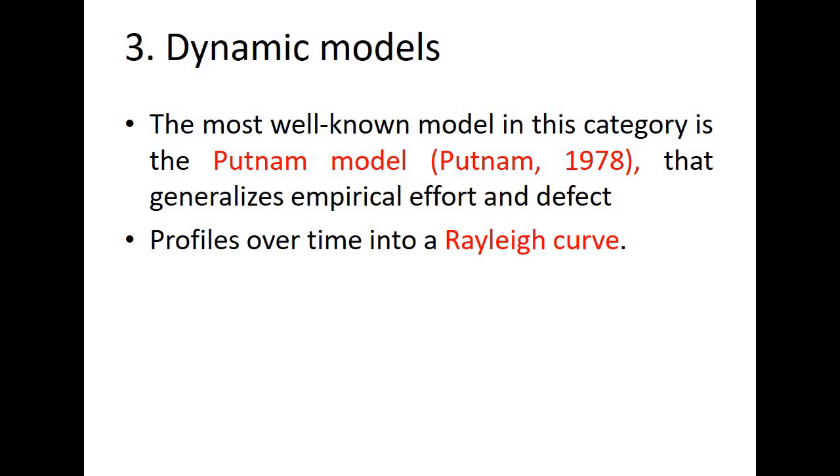A PNR curve is used to determine the least cost time for delivering up to a particular limit. It can be your full project delivery or it can be your partial project delivery with some modules working. And it gives the absolute minimal amount of time required to complete the project, irrespective of how many people we are adding to it. For that particular estimate we use this PNR curve, which is your Putnam Model Rayleigh curve.